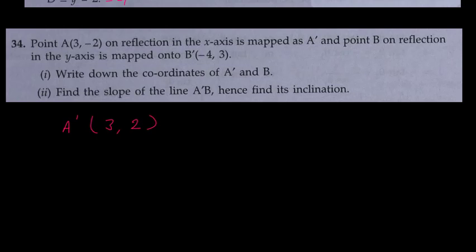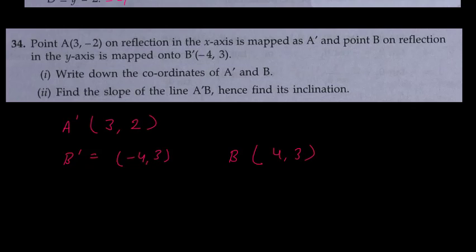And point B on reflection in the y-axis is mapped to B dash. B dash is minus 4, 3, and it is the reflection of point B in the y-axis. So that means its x coordinate must have changed. So we can say that B is 4, 3.